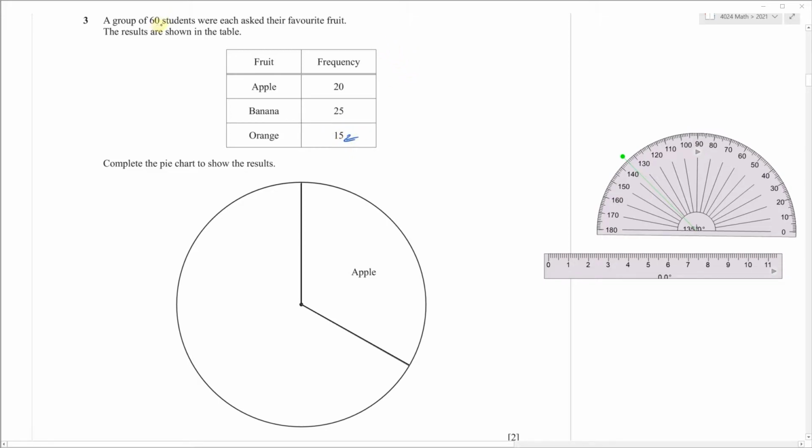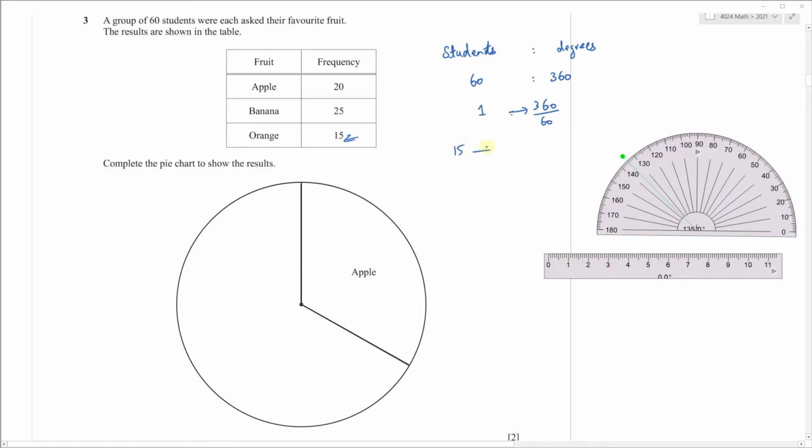You're given there are a total of 60 students. So if you take the ratio of students to degrees of angle in the pie chart, there are 60 students, which means 360 degrees, the full pie chart. Then you have to compute the angle for 15 students. For one student, it will be 360 divided by 60.